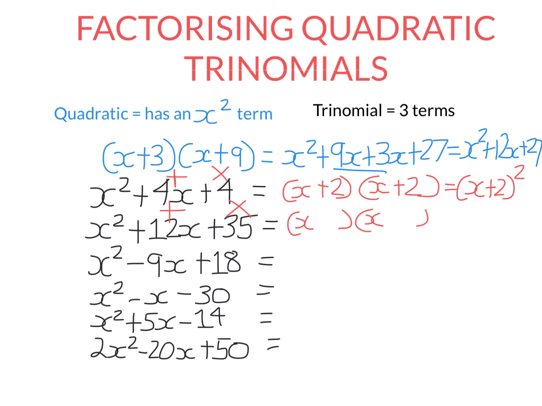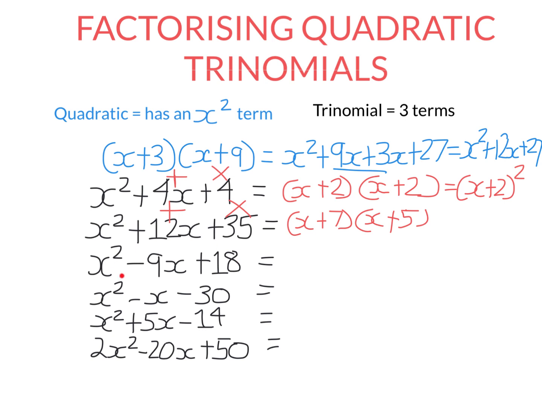Well, those two numbers, if you don't know, go through factors of 35. 35 and 1 doesn't add to 12. 7 and 5, well, they do add to 12. So it's going to be plus 7 plus 5. So sometimes your answer will be a perfect square, sometimes not. This is the answer because if we expand this using FOIL, we will get that. We've written x squared plus 12x plus 35 as something times something.